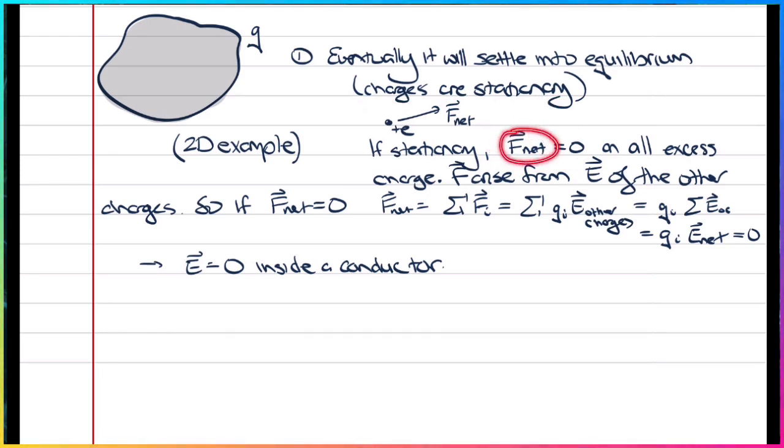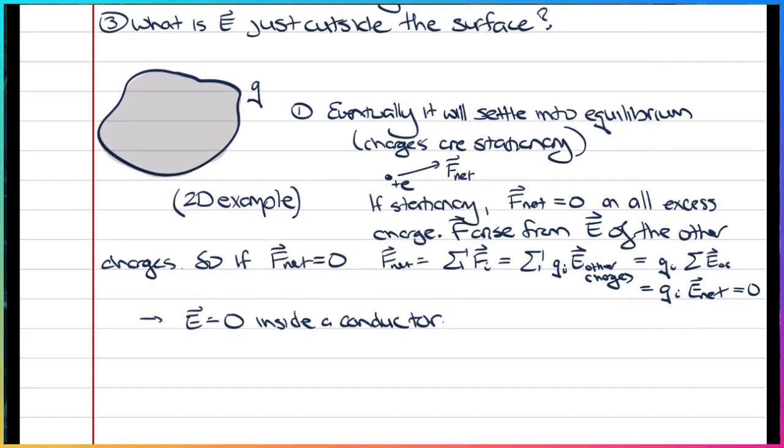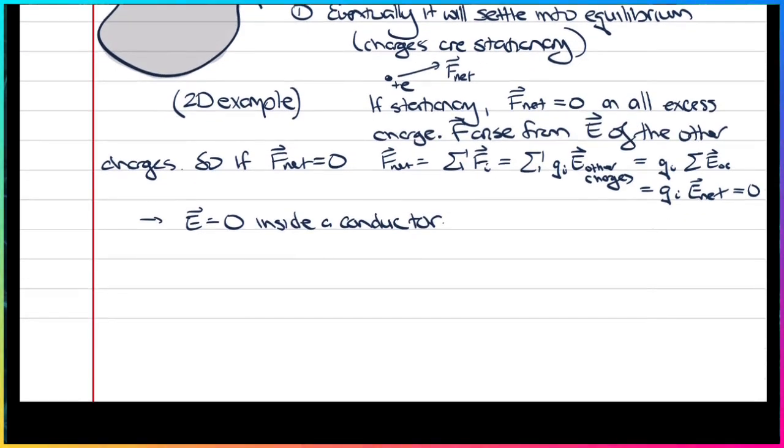The only forces that really could operate are the other charges creating an electric field that the charge responds to, which amounts to the net force on the charge being Q times the net electric field wherever that charge is. But if that is 0, then E net is 0. So anywhere inside the conductor, E is 0.